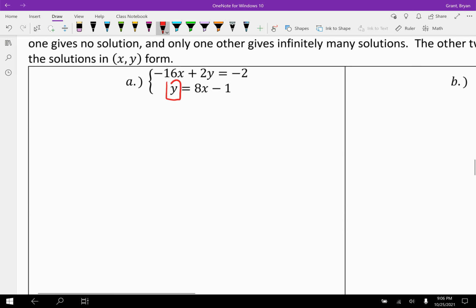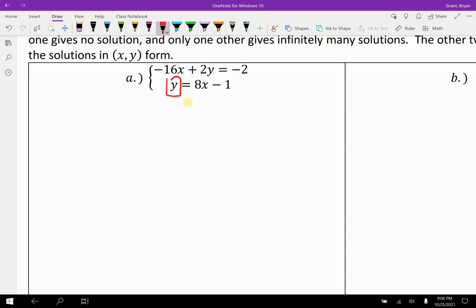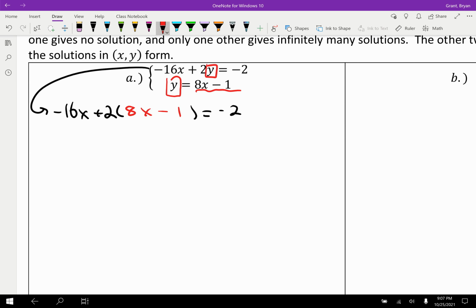So for our first one, we know what y is equal to, so we're going to work with the other equation. This gives us negative 16x plus 2, and then not y anymore. We want everything to have the same variable, and we know what y is equal to, so we'll leave a blank, equals negative 2. Since y is equal to 8x minus 1, I'm going to replace y with 8x minus 1.